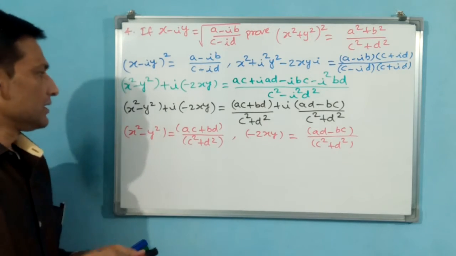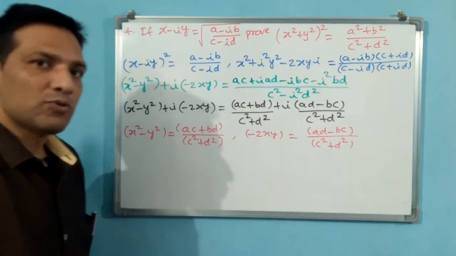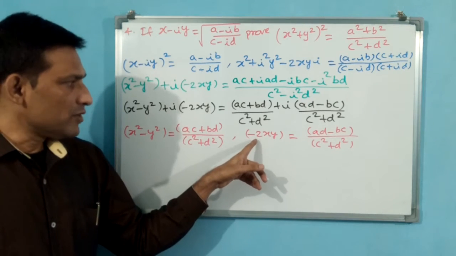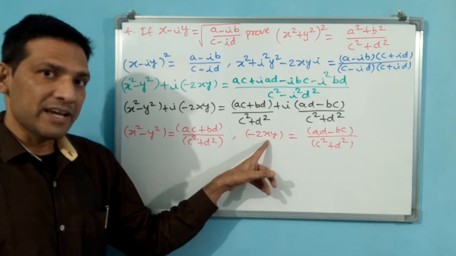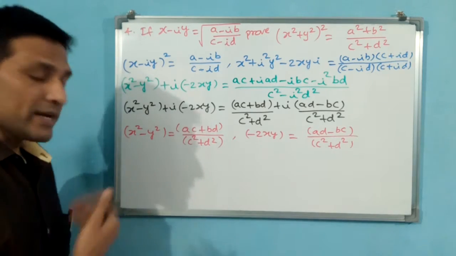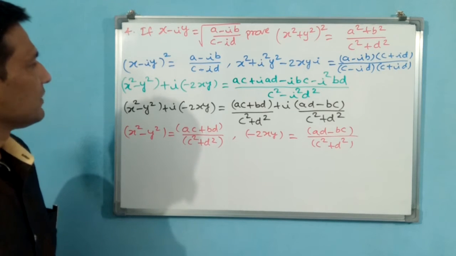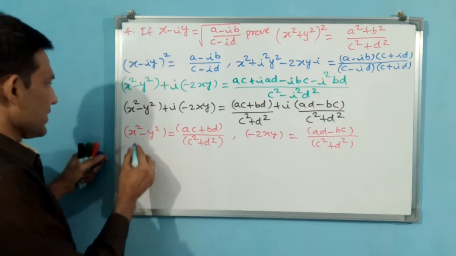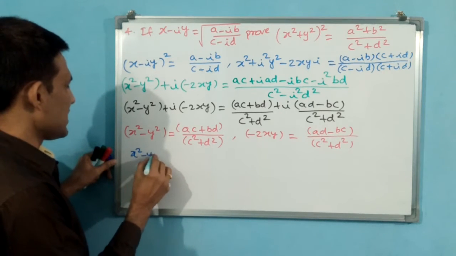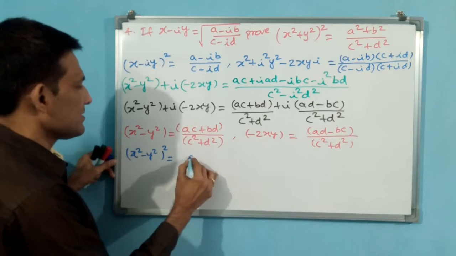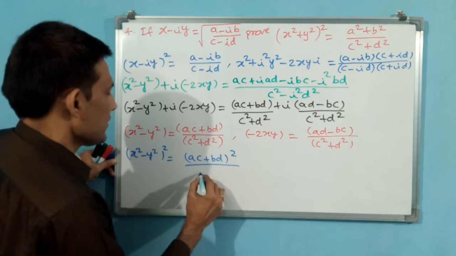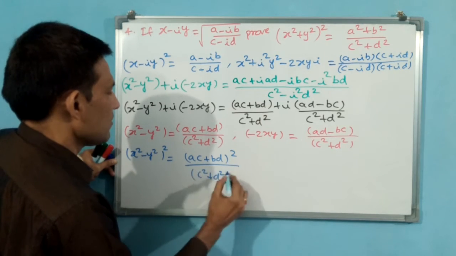Okay. Now real part, imaginary part, I will square. Why? Because I said 4ab has to come. When you square, automatically x square is a, y square is b. If you square, then only it is going to come, or else it is not going to come. Okay, let me square. Again I am writing x square minus y square whole square is equal to AC plus BD whole square by c square plus d square whole square.